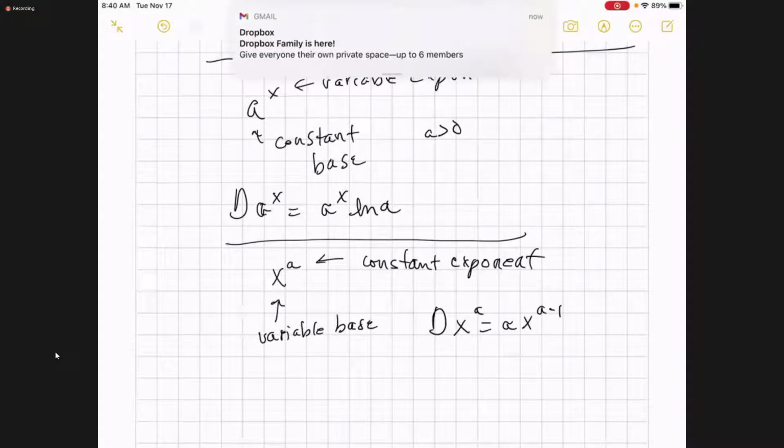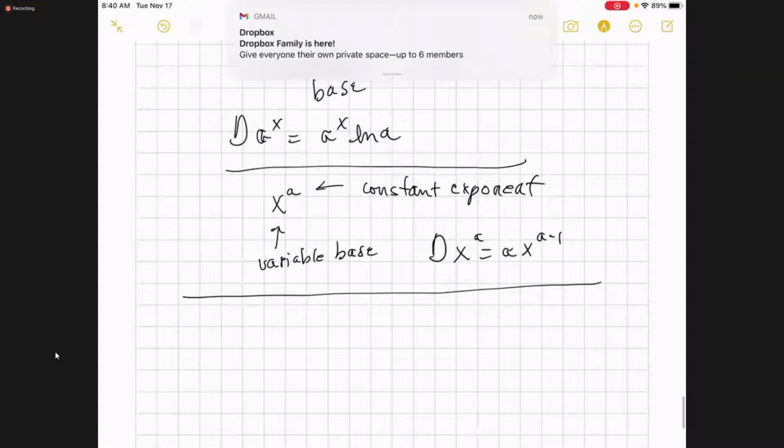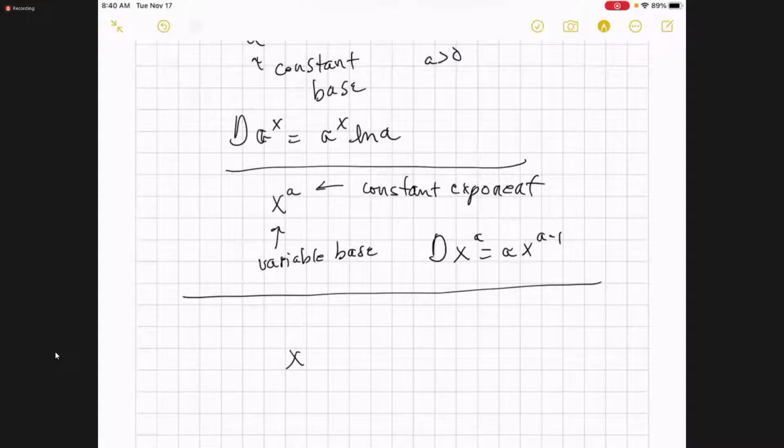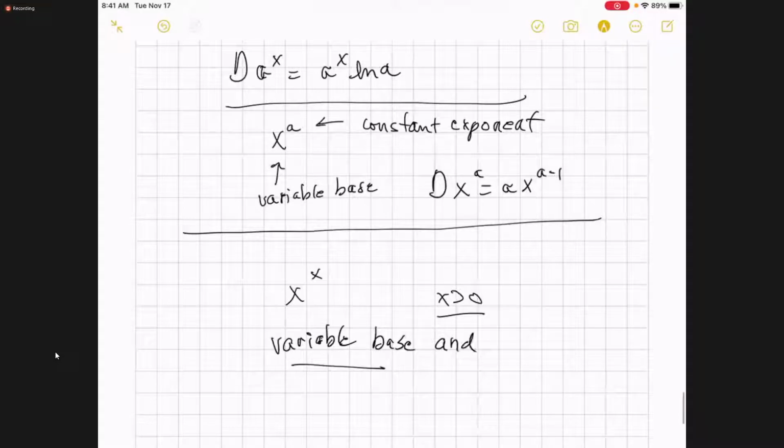But you can make sense of this function, x to the x, as long as you require that x be greater than 0. Now I have a variable base x and a variable exponent.